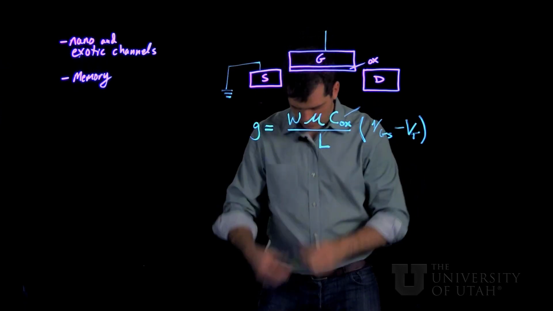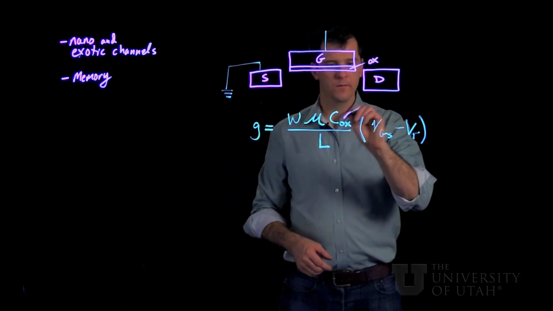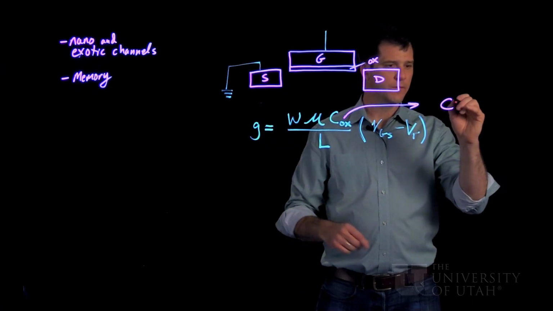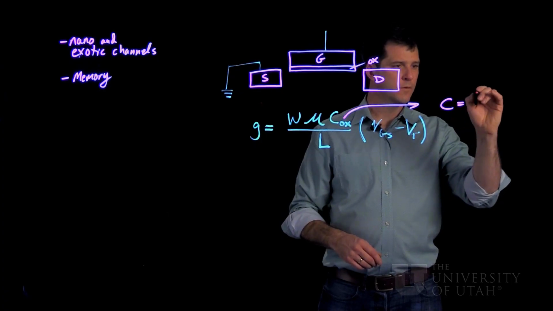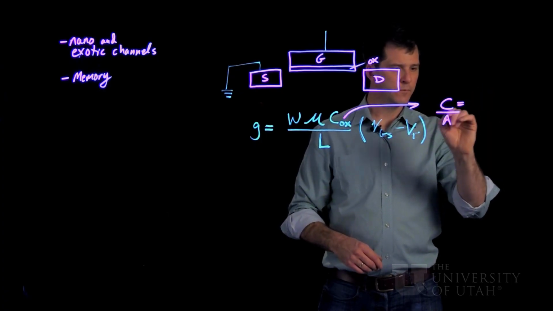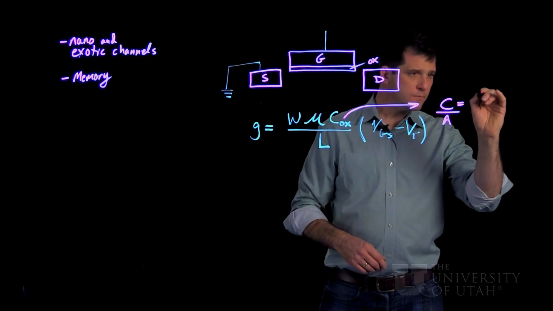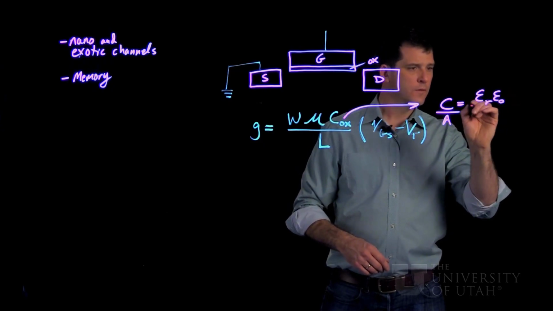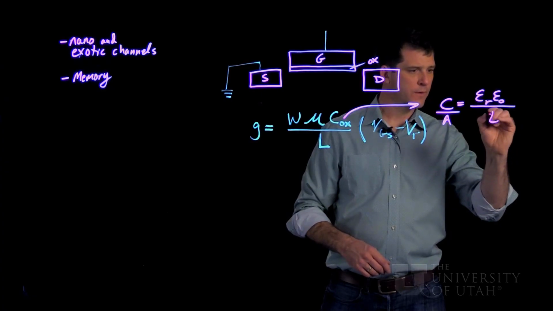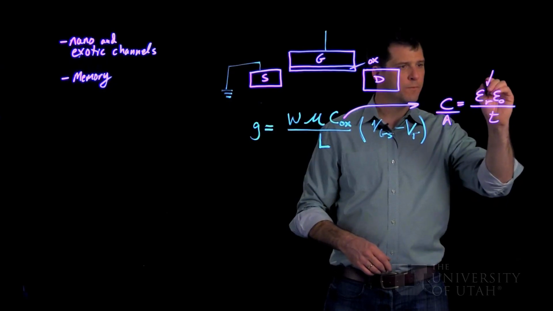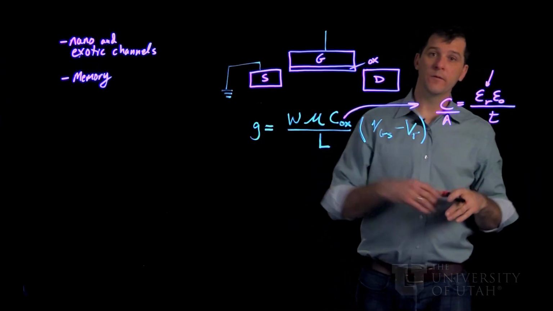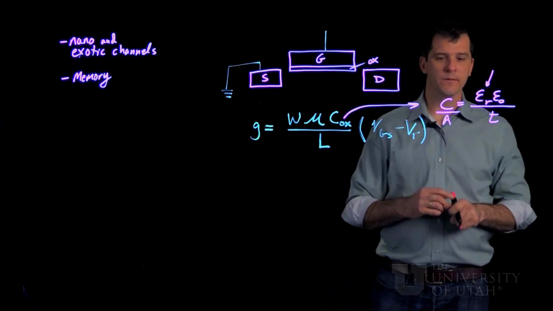So the capacitance, remember, of the oxide, if we take it on a per area basis, is simply the dielectric constant divided by the thickness. Sometimes this is also talked about in terms of K, and K would be 1 over this.